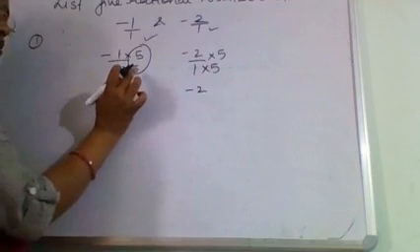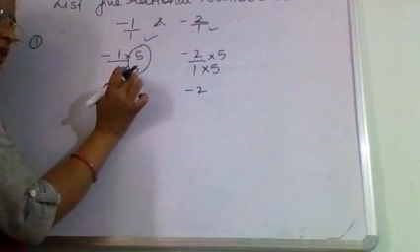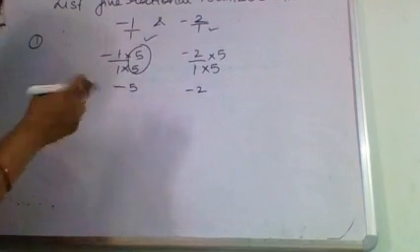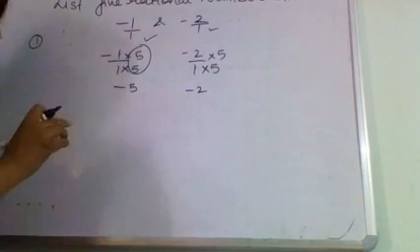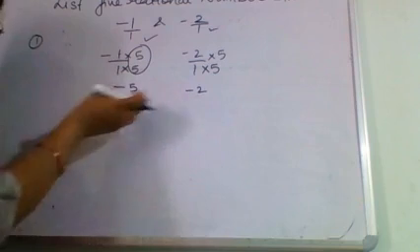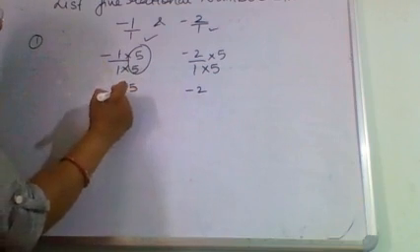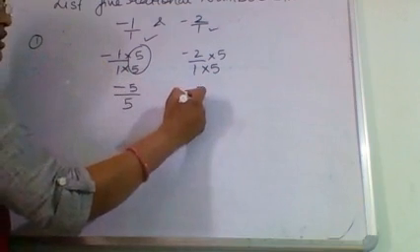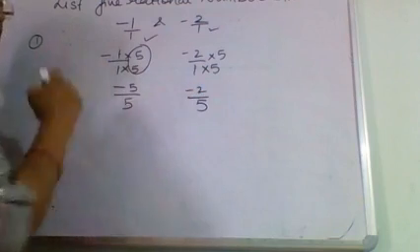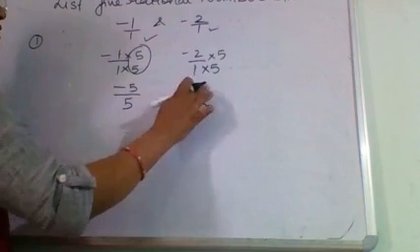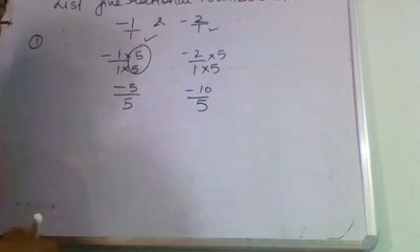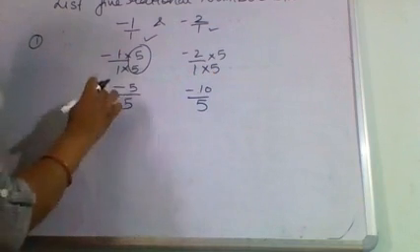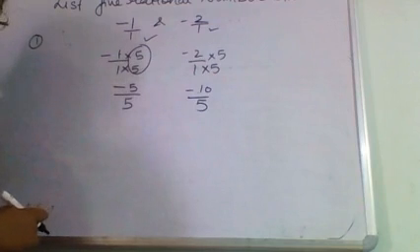But the chosen number should be such that you will get the desired number of elements between the given numbers. So this will become -5 by 5, and here it is -10 by 5. So what are the numbers between -5 and -10?